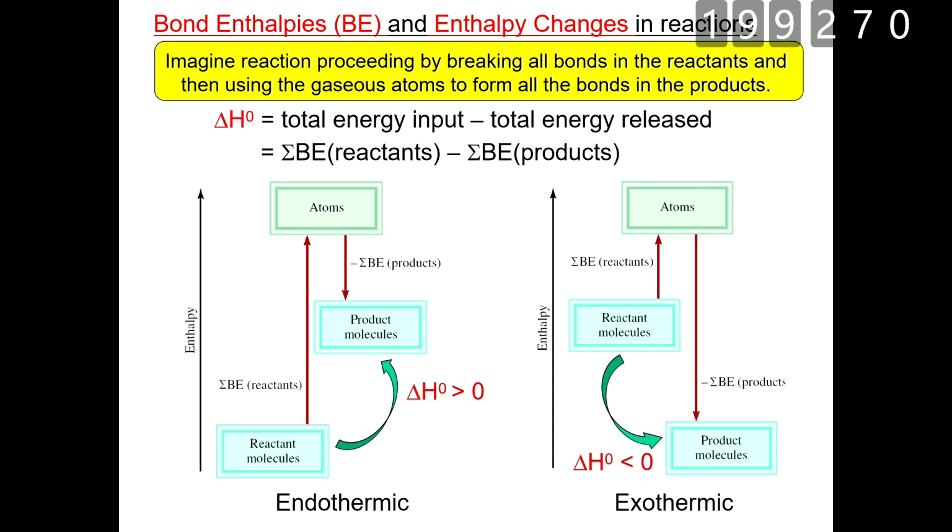So in this process, from reactants to products, there are two energies. In the first step they absorb energy, in the second step they release energy. The difference between these two energies means the enthalpy change of the reaction.